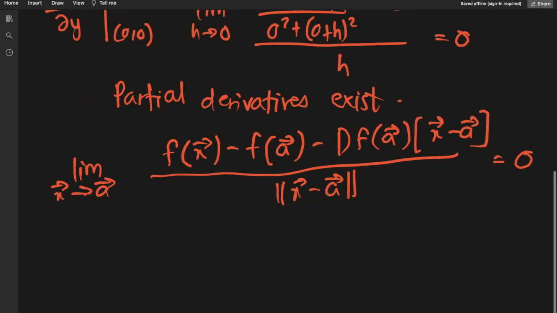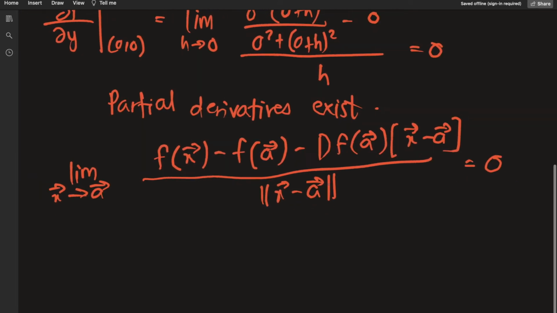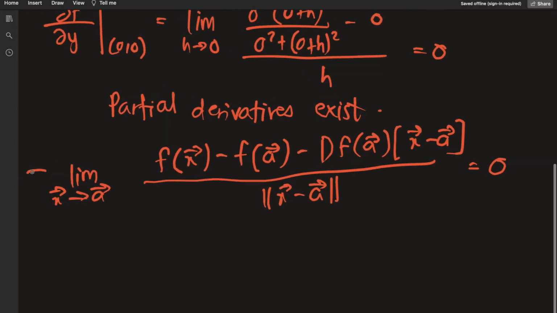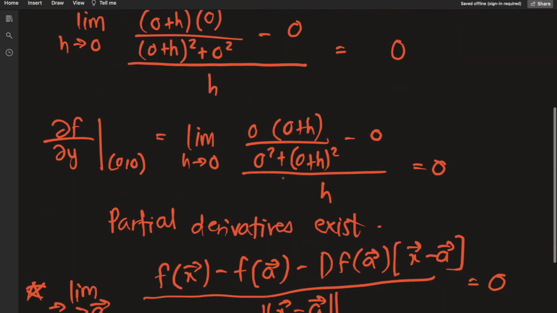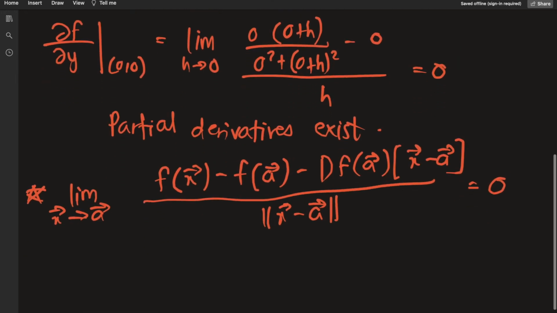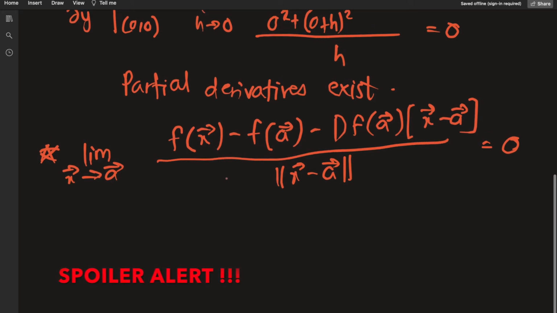I think in the last slide I made a slight error when I said that this wasn't a definitive condition. This is the definitive condition, because this makes or breaks the differentiability of a function. If this is true, then the function is always going to be differentiable at that point. If it's not, then there were some problems with the partial derivatives, and in this case there will be a problem. Spoiler alert, but that's why I chose this example.